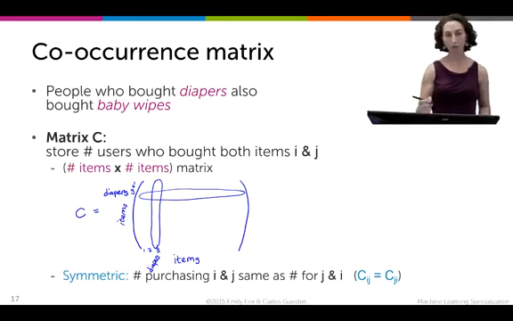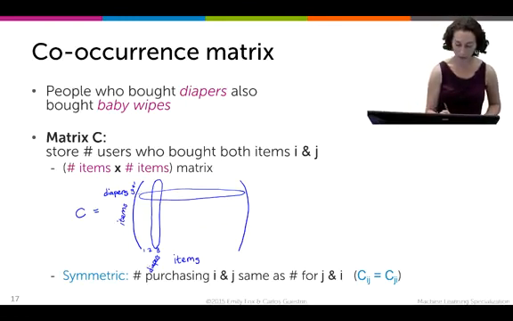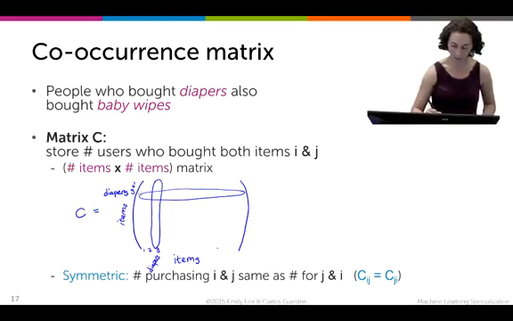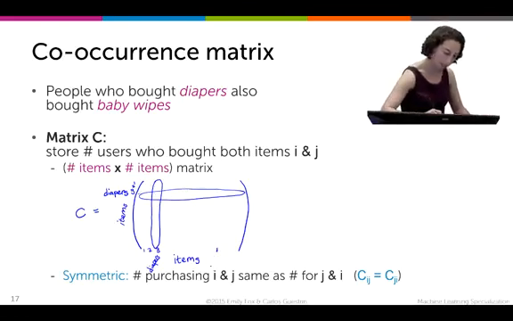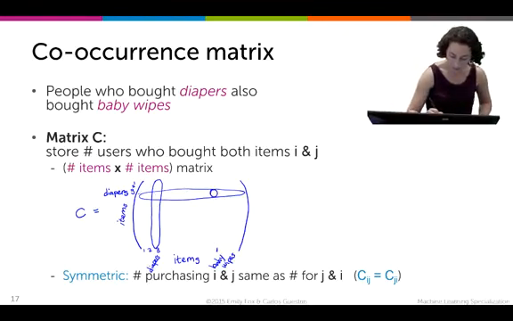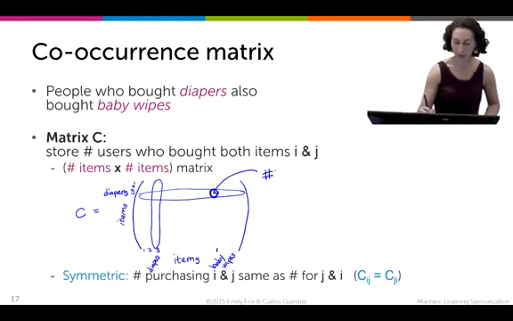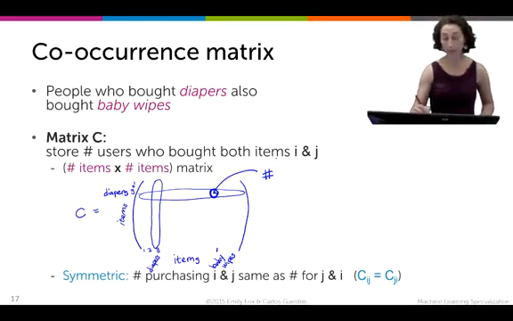Okay, and so if I want to say that many people purchase diapers and baby wipes, let's look at the row for diapers, and then we scroll over to the column for, let's say this column here is for baby wipes. And in this entry of this matrix, there's some number entered, and that number represents the number of people purchasing both diapers and baby wipes.